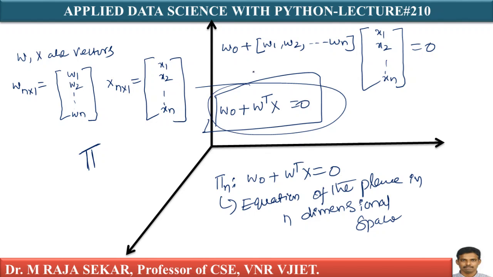We will use this in many places, maybe in support vector machines, maybe in logistic regression. Try to understand this particular form w0 plus w transpose x equal 0, so that you can understand whether that may be support vector machines or logistic regression. For that matter, there are many machine learning algorithms or data science algorithms one can understand without any difficulty.